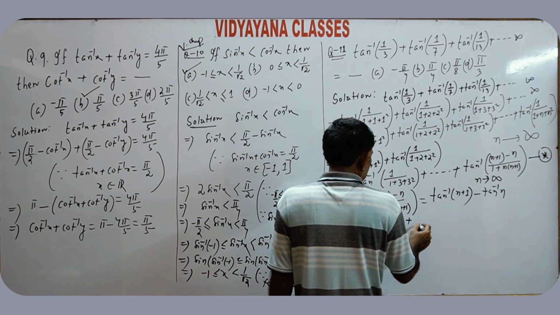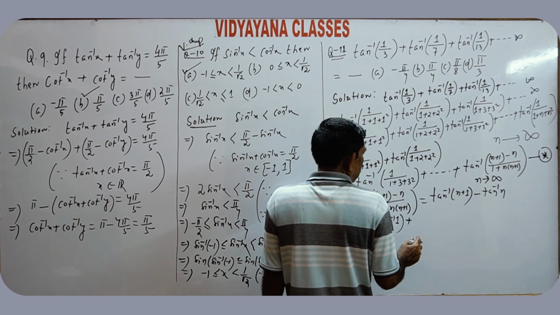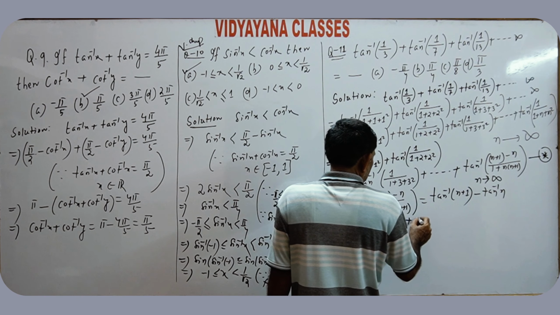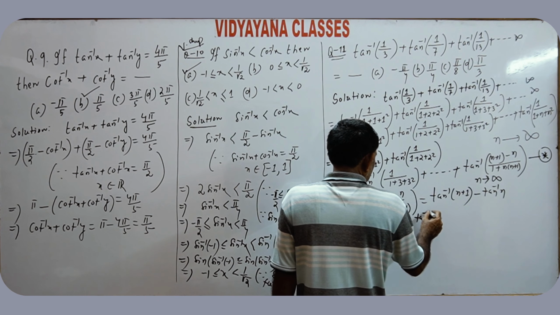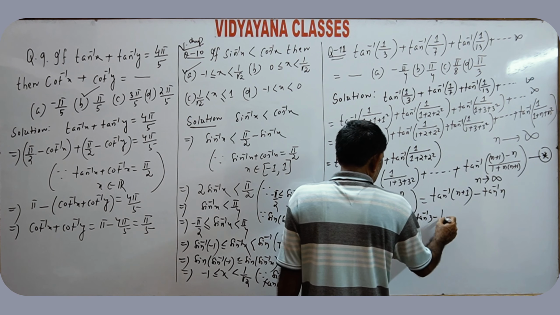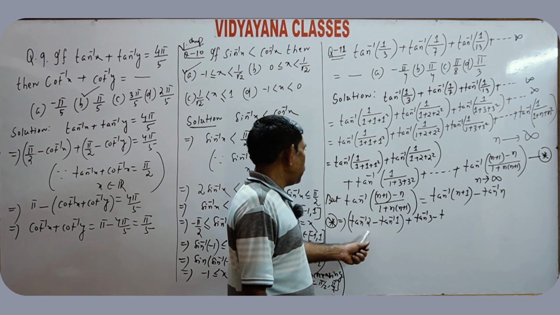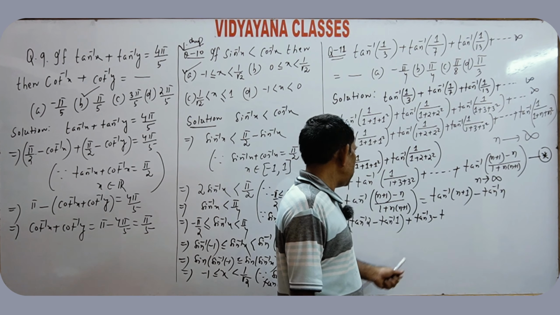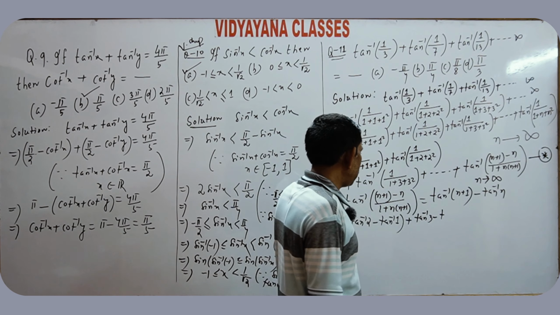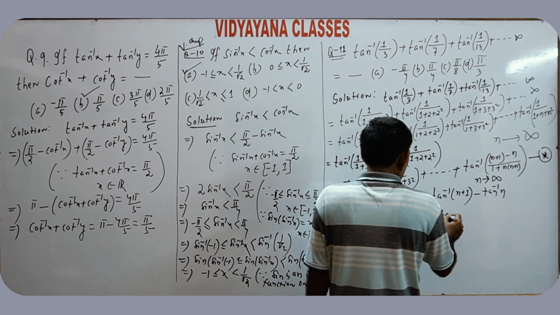For n is equal to 2, it gives the second term, tan inverse 3 minus tan inverse 2.